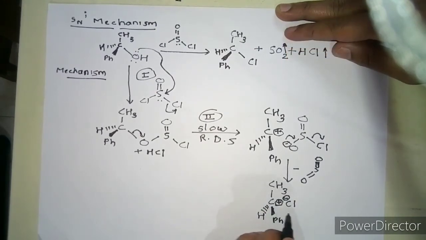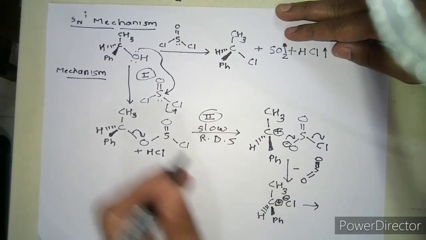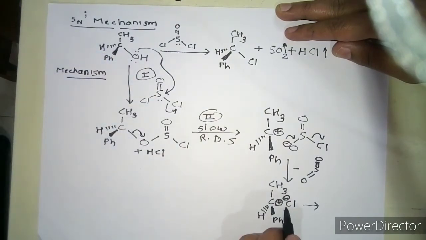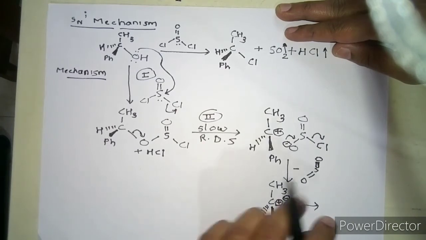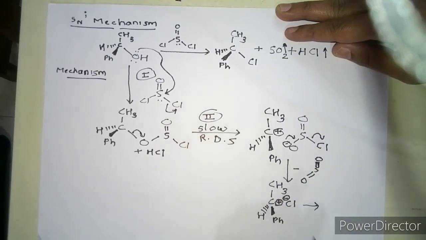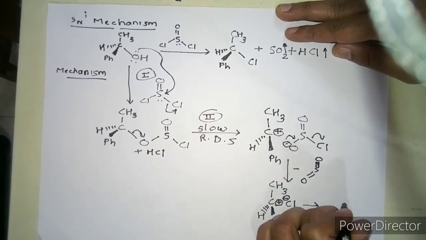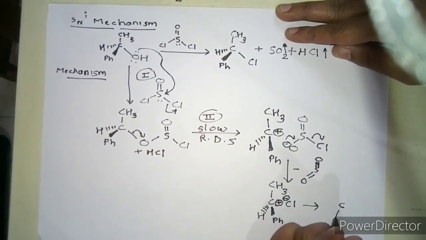And these two then combine, and Cl minus gets attached to the same side from which this group has departed, because it is in immediate vicinity. So it attacks from the same face, and these three groups, 1, 2, 3, come out like an umbrella, and the Cl group gets attached from this side, and you get retention of configuration.